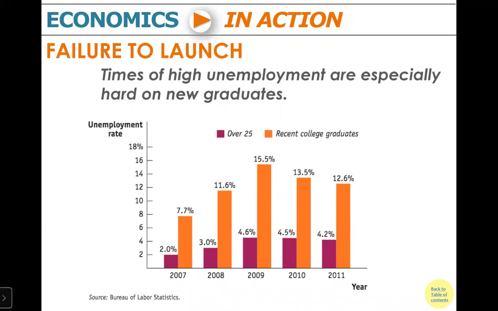Now, this slide highlights the importance of looking at unemployment rate for some particular age group. Okay. So we have data from 2007 to 2011. Right? And 2009 is the peak of the recession, or the deep of the recession, I probably should say. Okay. So we look at two groups. One is for anyone over 25.